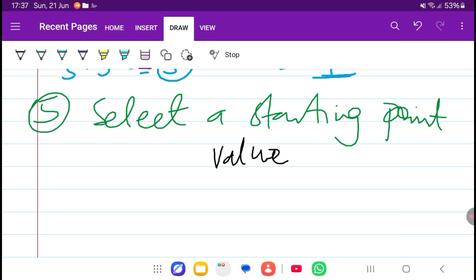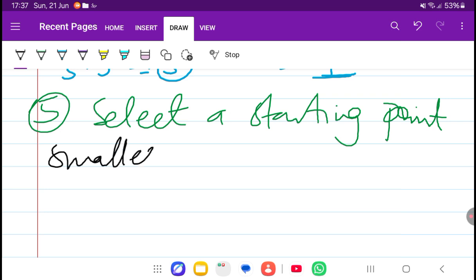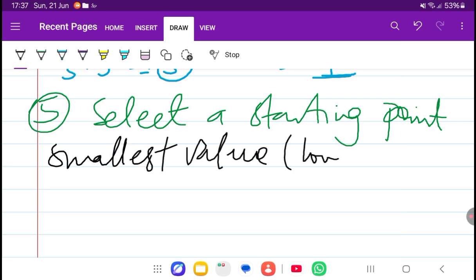So we always take the lower or the smallest value to be the starting point. You look at the data set, then you pick out the lower value. Make sure that you first understand what the lower value is.